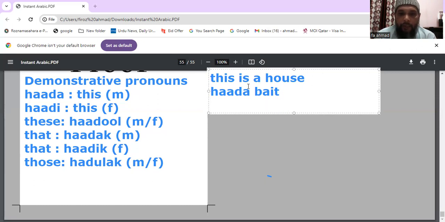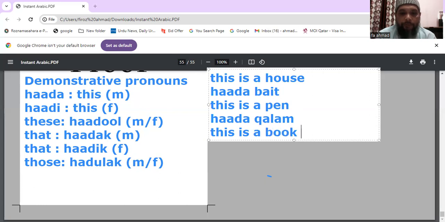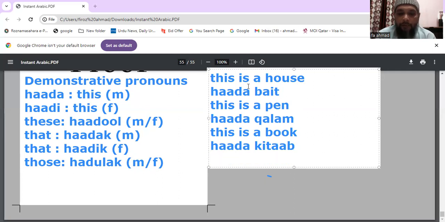Now write again. This is a pen. Simple. Say hada qalam. Done. Now again, this is a book. Hada kitab. Done.